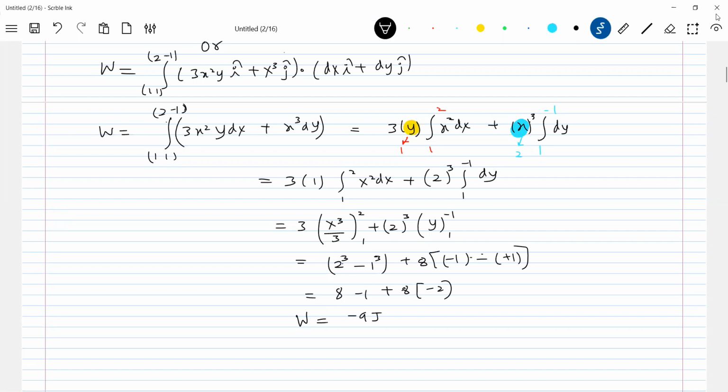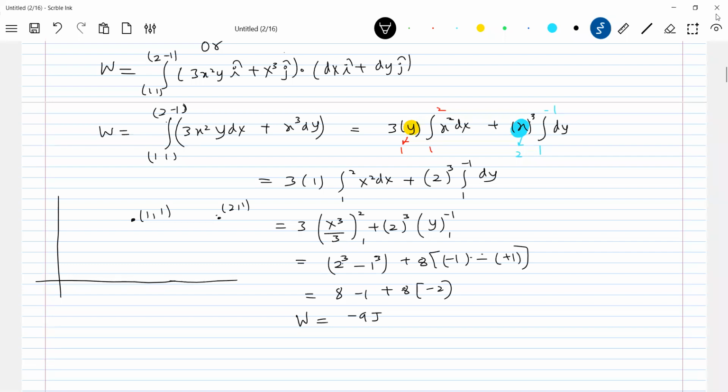What is the path? So here I think I'll give the explanation at least mathematically. So 1 comma 1, we are here. Then what we do? 1 comma 2 will go. So 2 comma 1 will come here. Then afterwards we'll go for 2 comma minus 1.